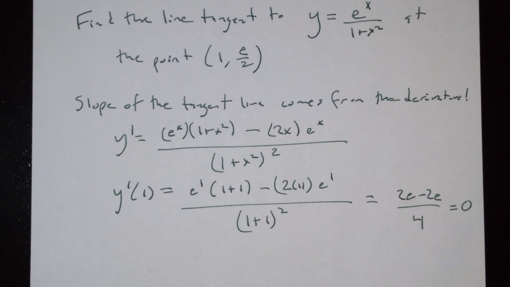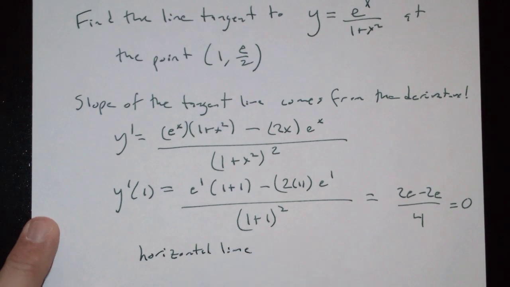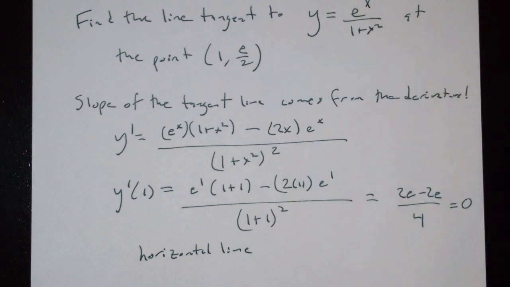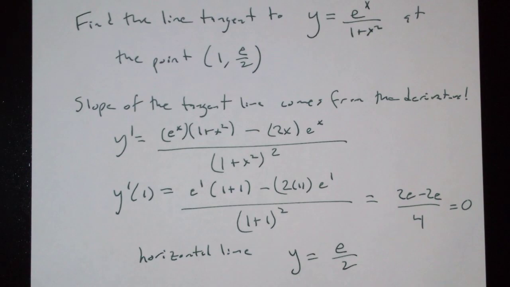It's a horizontal line. And I know the y value it goes through. It goes through this y value. It's got a slope of 0, right? So y equals 0x plus e over 2. It's a number, horizontal line.